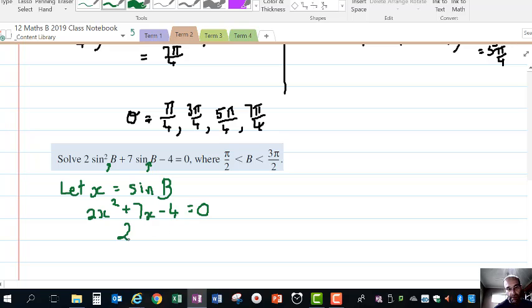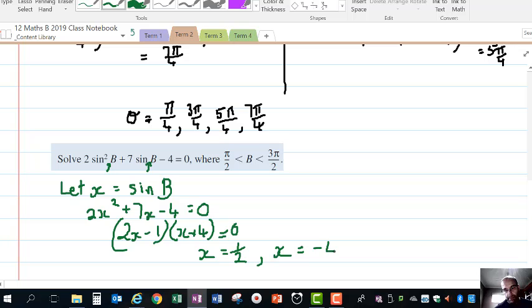Factorizing that quadratic, we get 2x minus 1, x plus 4. Using the null factor law, we can solve that quadratic. So x equals a half, or x equals negative 4.